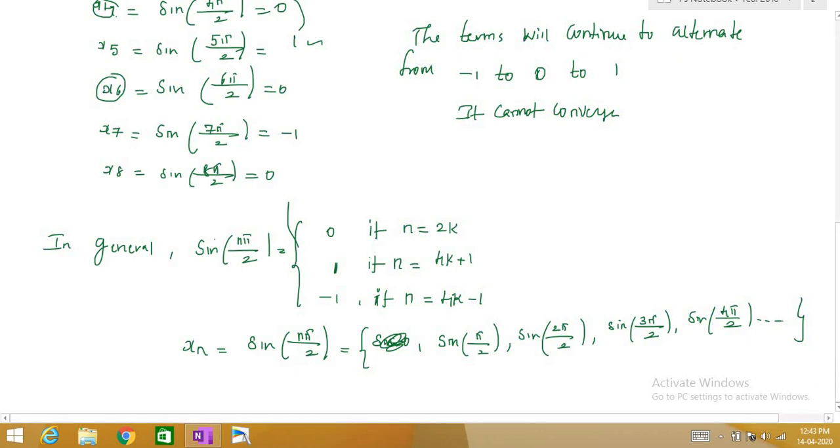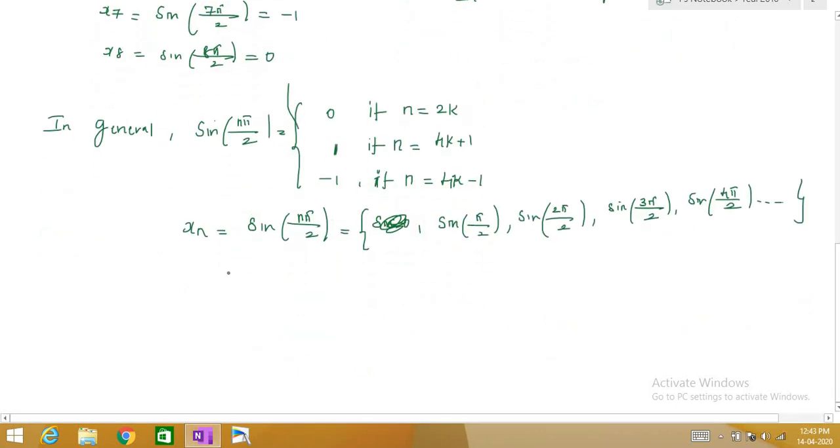Now I'm going to choose a subsequence x_2k, right? So x_2k will be what? I'm selecting a subset of the form 2k. What we will have here is sin 2π, sin 4π, sin 6π, sin 8π. Right, these are the terms you will have in this subsequence.